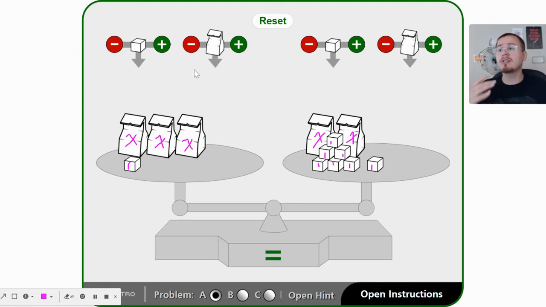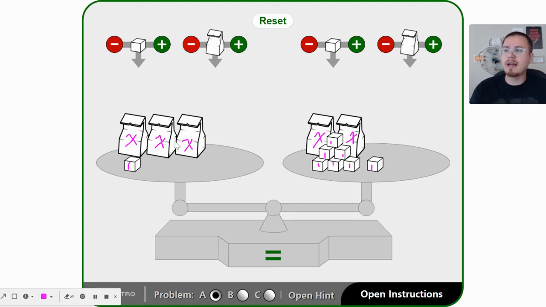So my question to you, through adding or subtracting bags and blocks, how can I find out how many blocks are in just 1 bag? Any ideas? Can you reword that again?